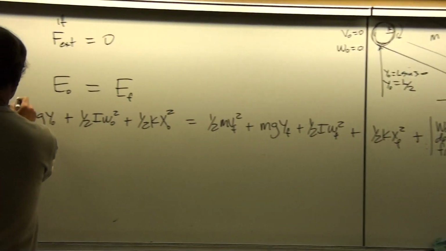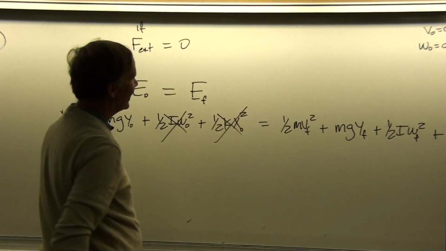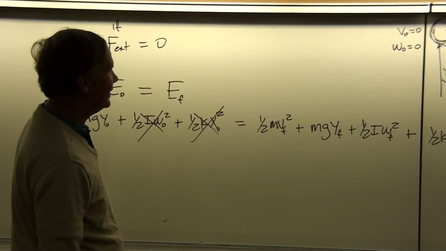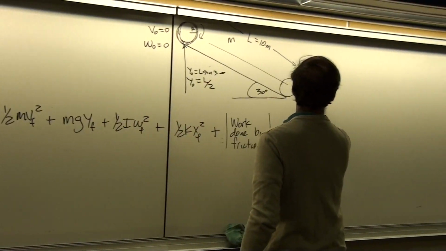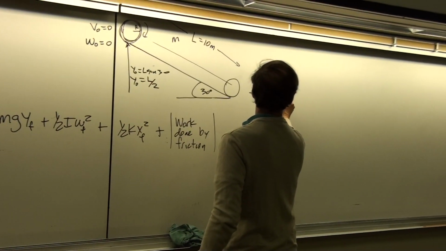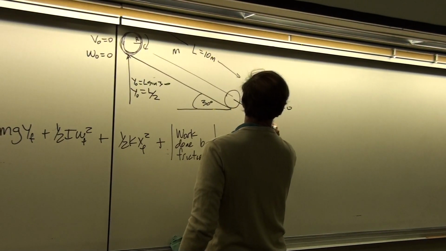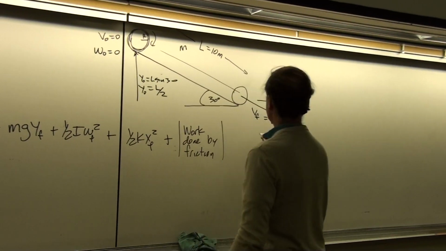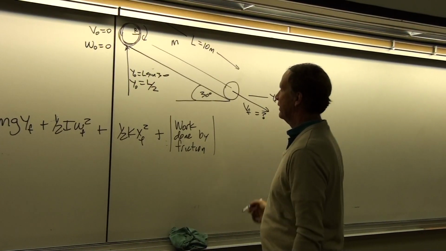Okay, so I can get rid of this term, I can get rid of this term, and there's no springs in the problem, so I can get rid of that term automatically. In the final state, we'll call this point here y final equals 0. And we want to know what V final is, let's say at this point.